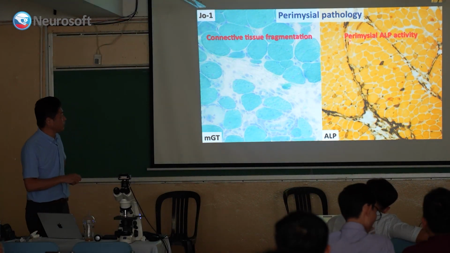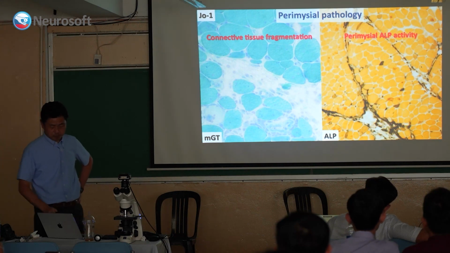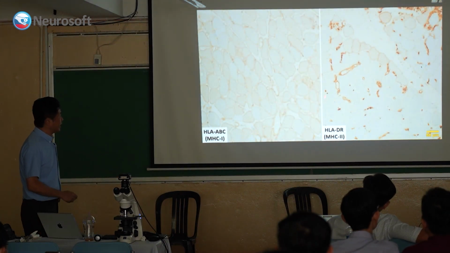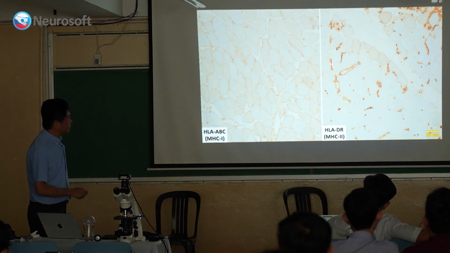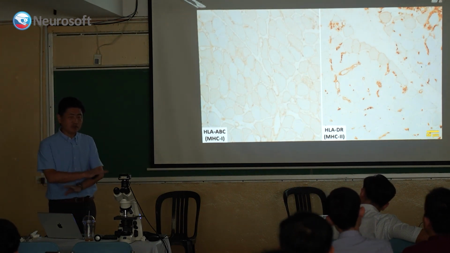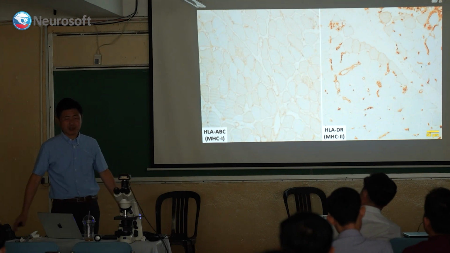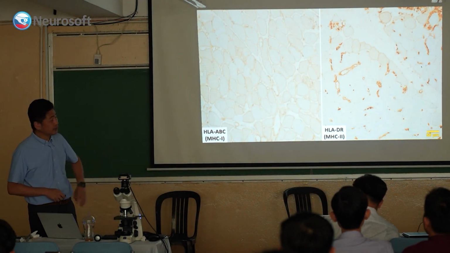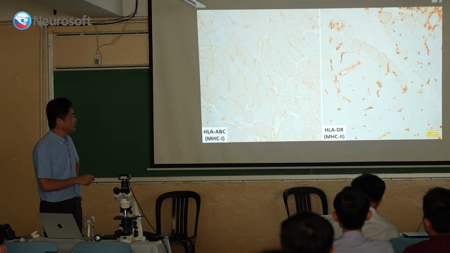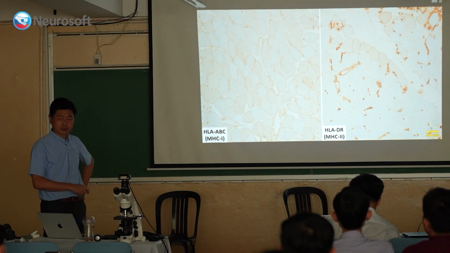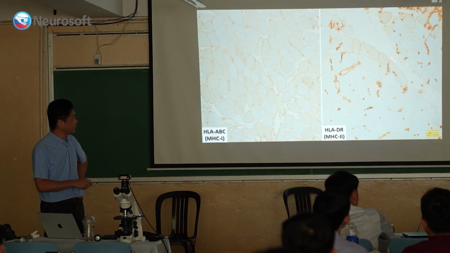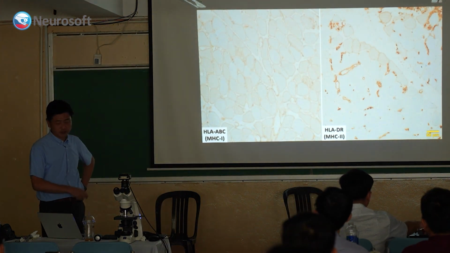This is often seen in anti-synthetase syndrome. Then if you do immunohistochemistry, HLA-DR or MHC class II is almost always negative except for IBM and anti-synthetase syndrome. And in anti-synthetase syndrome, 2/3 of the cases, like 60 or 65%, show positivity in perifascicular fibers.